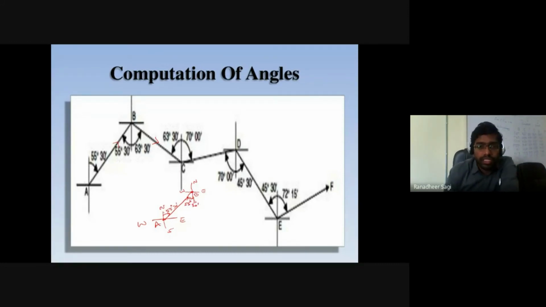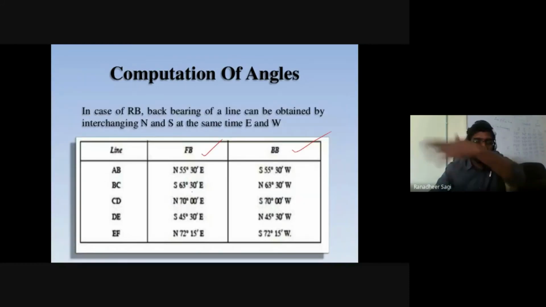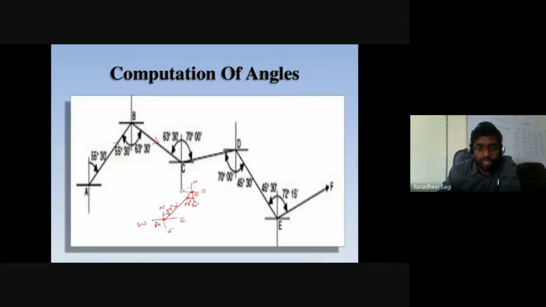And next, the B to C line. B to C is the forward direction. So the forebearing of line BC is south 63 degrees 30 minutes east. South to east, I should draw another line. What is the angle it makes from south to east? It is nothing but 63 degrees 30 minutes.